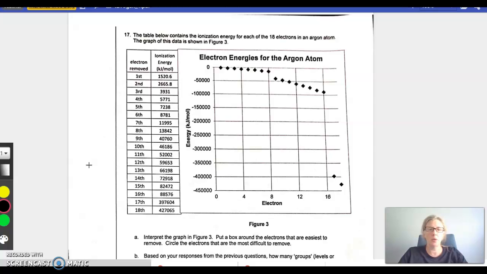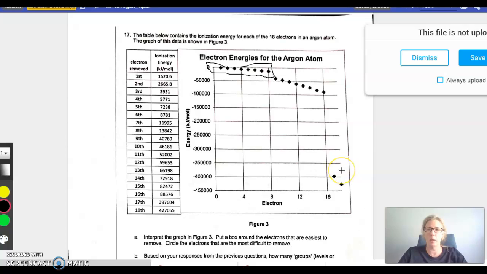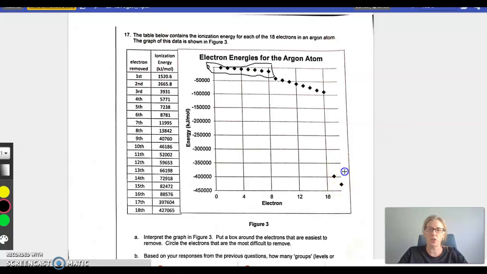The easiest to remove are going to be the first 8 electrons, the ones with ionization energy values closest to 0. And the hardest to remove are going to be the last 2 electrons, which have the values farthest away from 0.